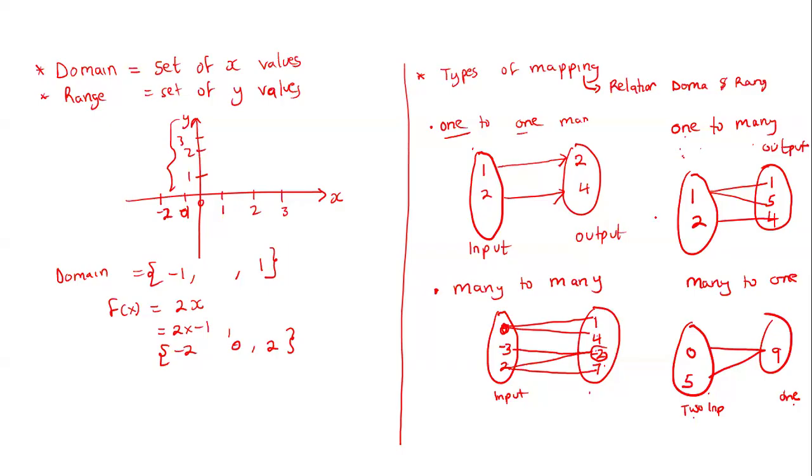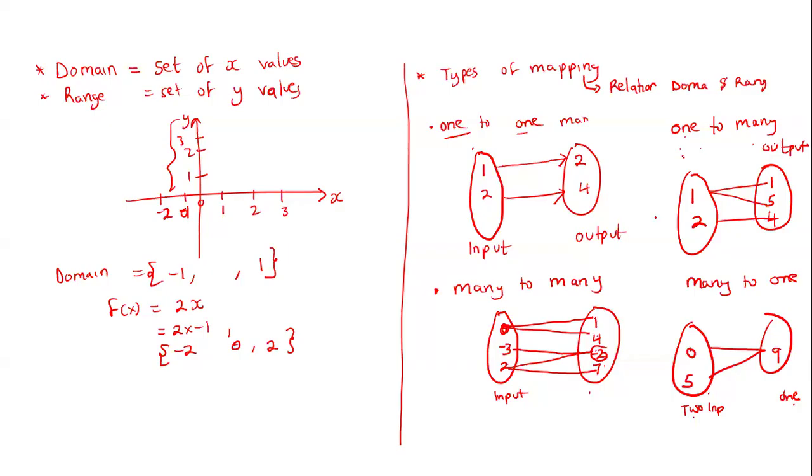Now, these types of mapping, how are they going to help you? Sometimes you may be dealing with a number and they may ask, does it form a function? Does that number form a function? Now you need to know which types of mapping give us functions.